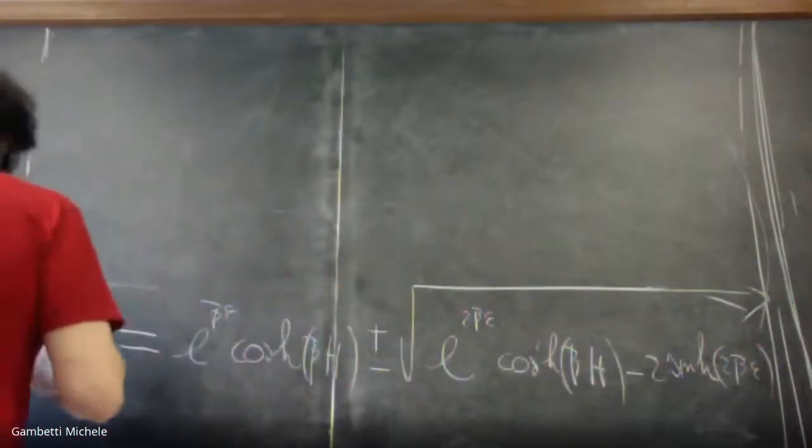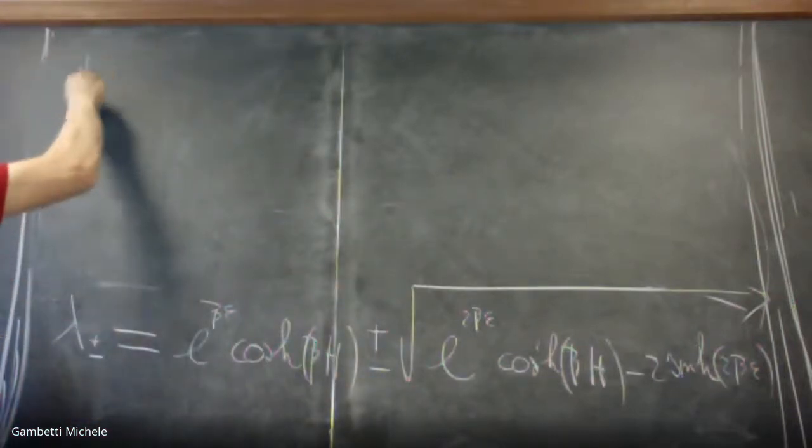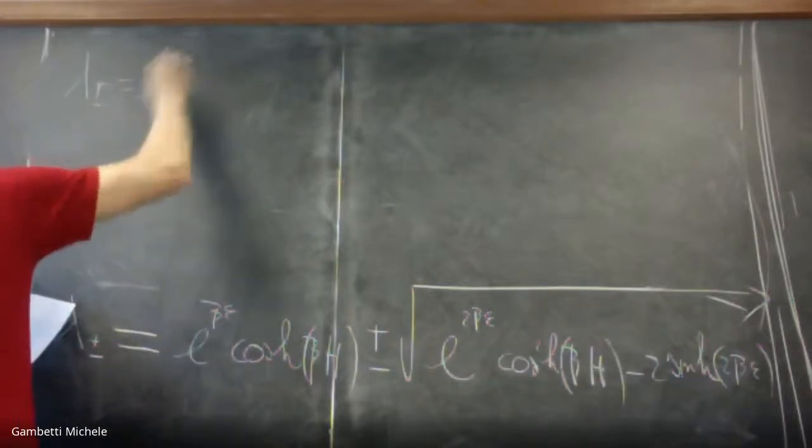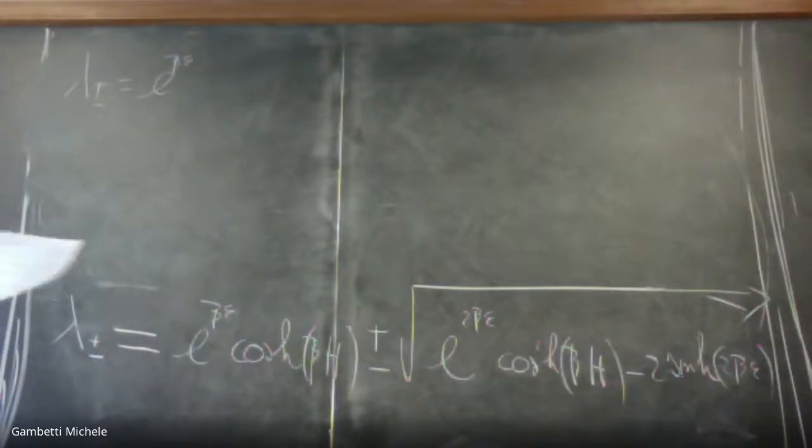And you find that for lambda plus minus, you can collect e^(beta epsilon) outside.